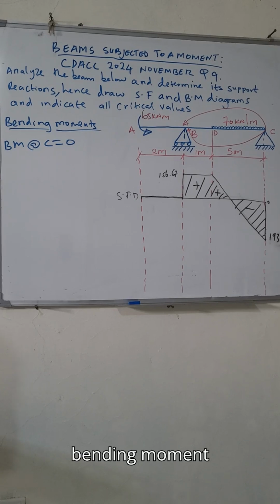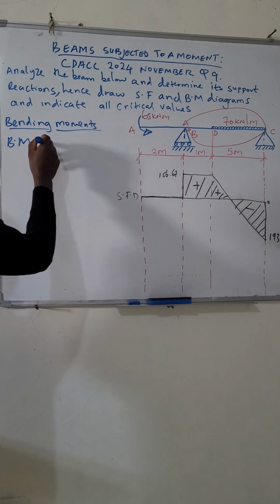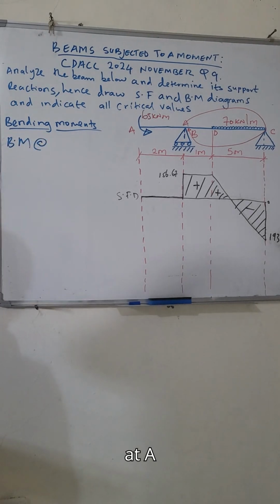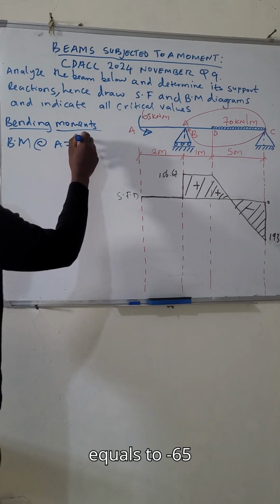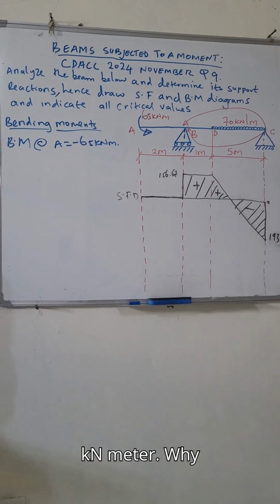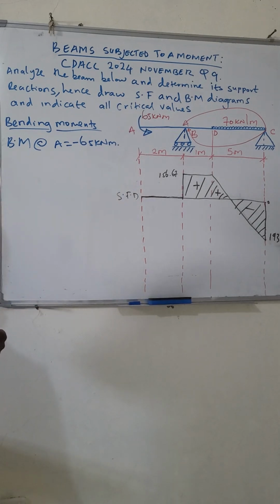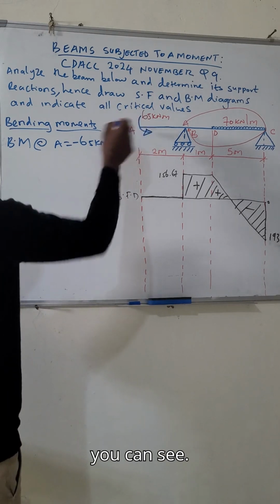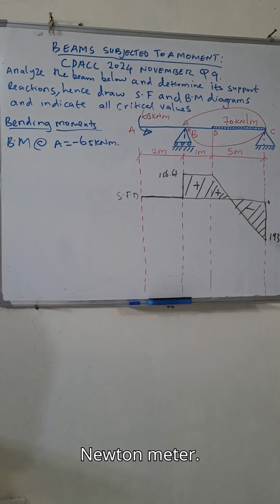And bending moment at A equals minus 65 kilonewton meter. Why minus 65 kilonewton meter? Because the beam is subjected to a moment which is moving in anti-clockwise direction. As you can see, at point A we have 65 kilonewton meter.